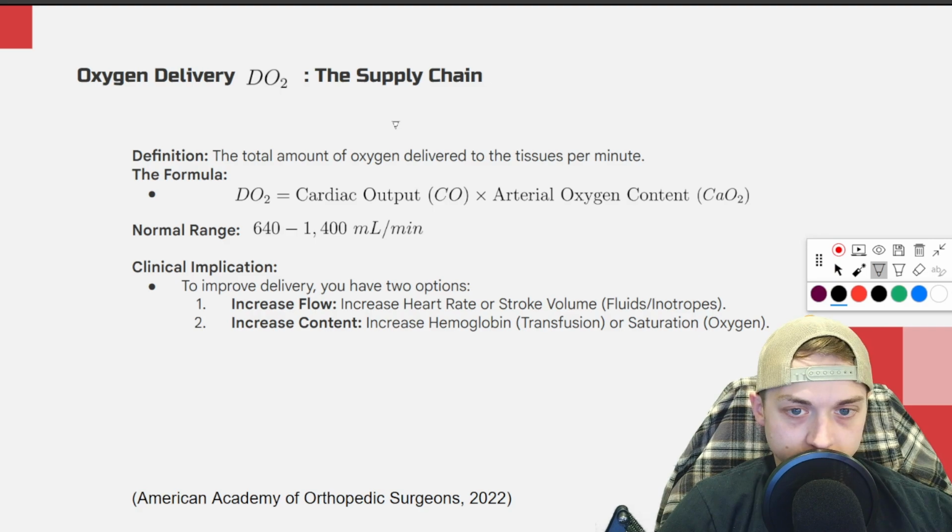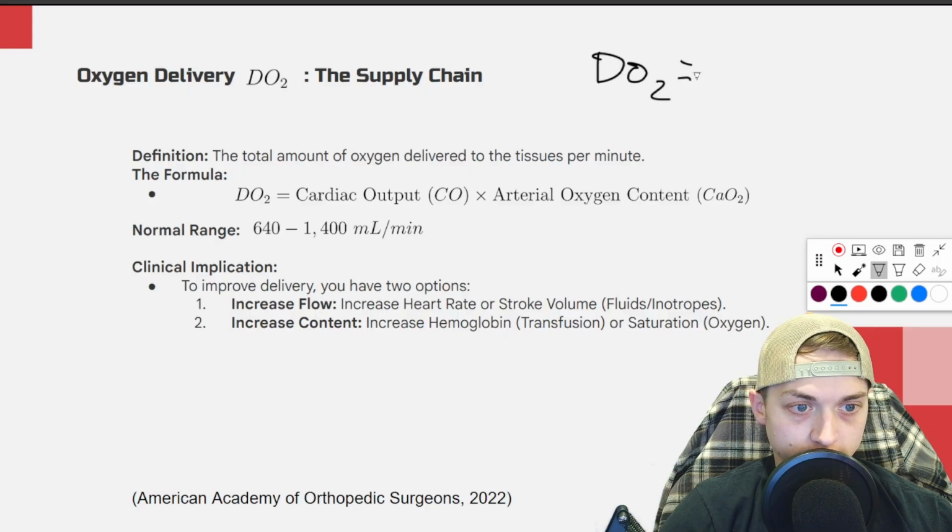Okay. So, oxygen delivery, DO2. This is the supply chain, right? So DO2 equals supply. The definition of DO2 is the amount of oxygen delivered to the tissues in 1 minute. There are 2 things that make this up.